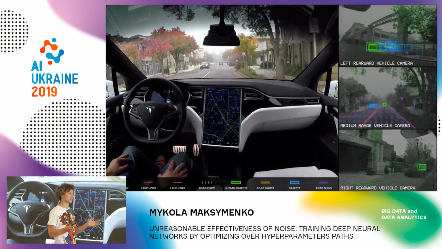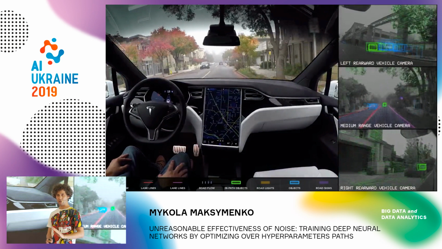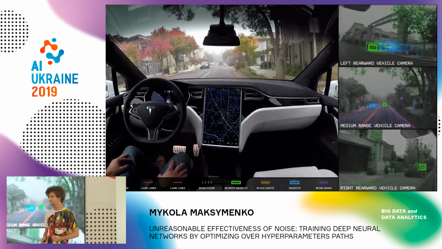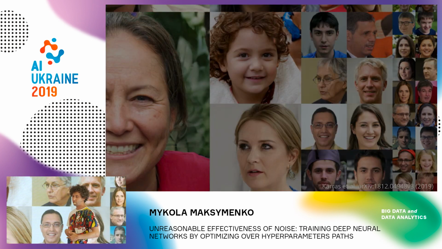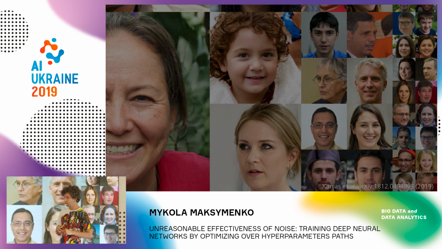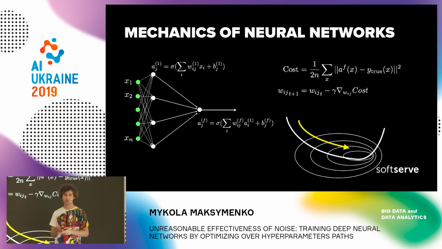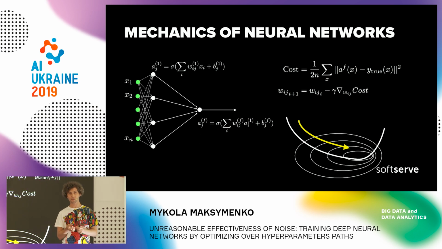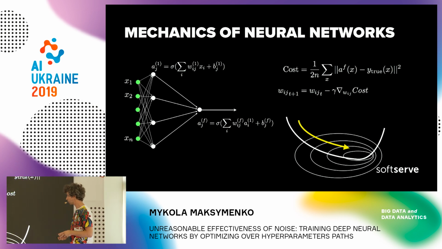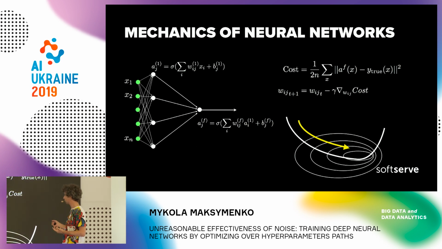So currently we have real advancement of deep learning in all spheres. We have self-driving cars. We can generate nice, realistic-looking images. And all this is done by these very basic models, which have this layered structure, right? And they are trained in a very simple manner.